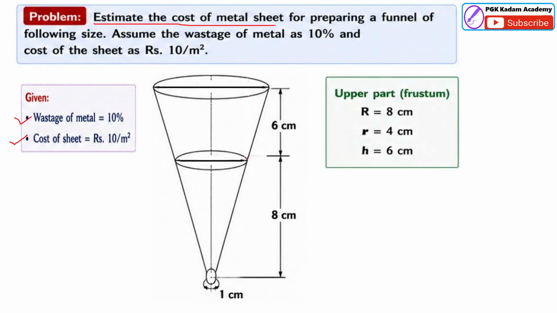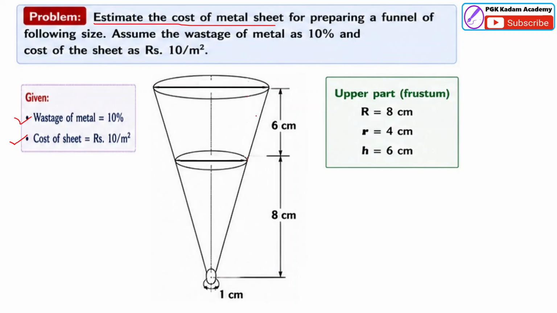This is the given data from the geometry of this funnel. We are dividing this funnel into two parts. The first part is the upper part, and the lower part is there. Dividing this, you can see the geometry is given. The vertical height of the funnel is 6 centimeter, and this height is 8 centimeter.